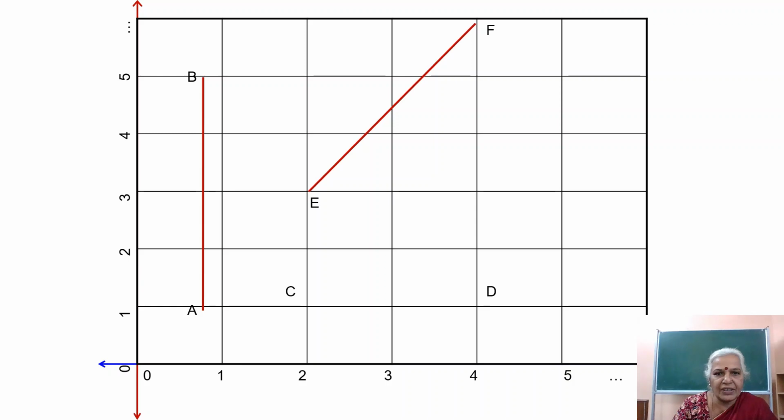And another pair of points is E and F, another line segment. One more line segment, C and D. Here, using the scale, you can find the distance between the points A and B, the distance between the points E and F, and the distance between the points C and D.